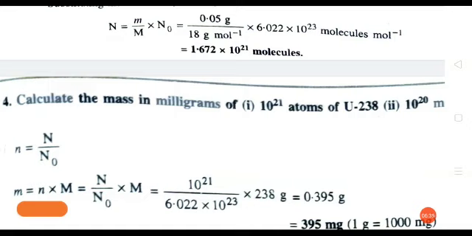Given is 10 to the power 21 upon Avogadro number into 38 gram, which is equal to 0.395 gram, which is equal to 395 mg, since 1 gram is equal to 1000 milligram.